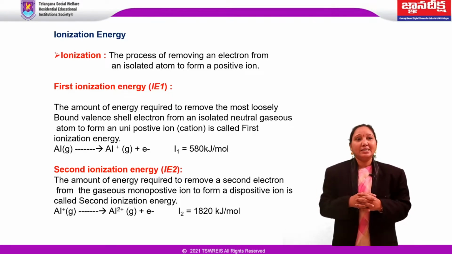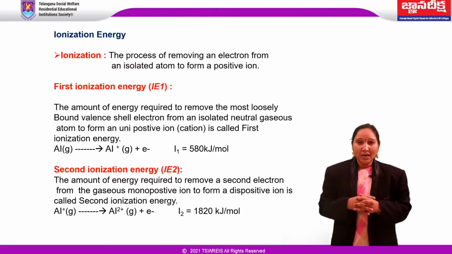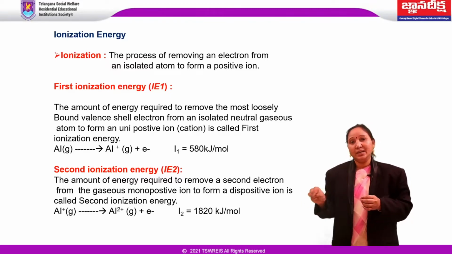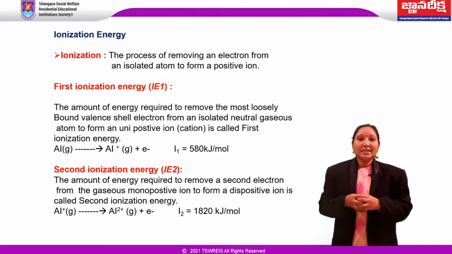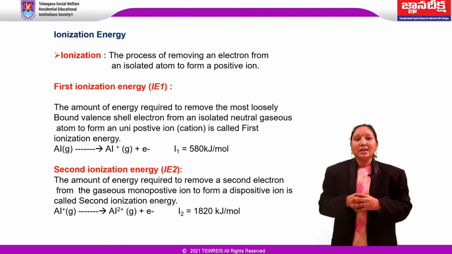It is defined as the amount of energy required to remove a second electron from the gaseous monopositive ion to form a dipositive ion. Here the second energy given is more than the first ionization energy, and the value is 1820 kilojoules per mole.